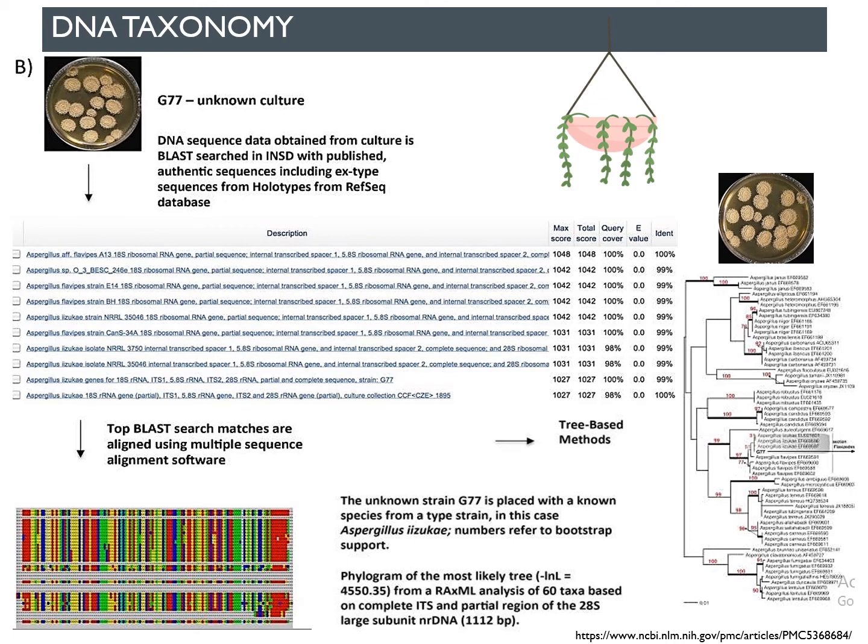To perform DNA taxonomy, in this case, they are using an unknown filamentous fungus, the strain G77, which is the unknown culture. First, the DNA sequence obtained from the culture is used for a BLAST search.